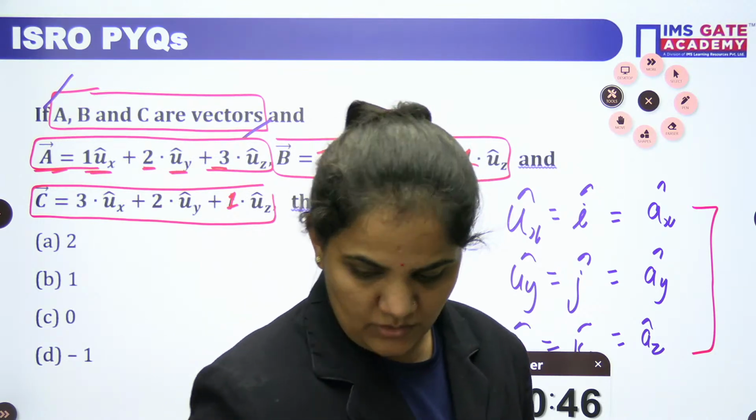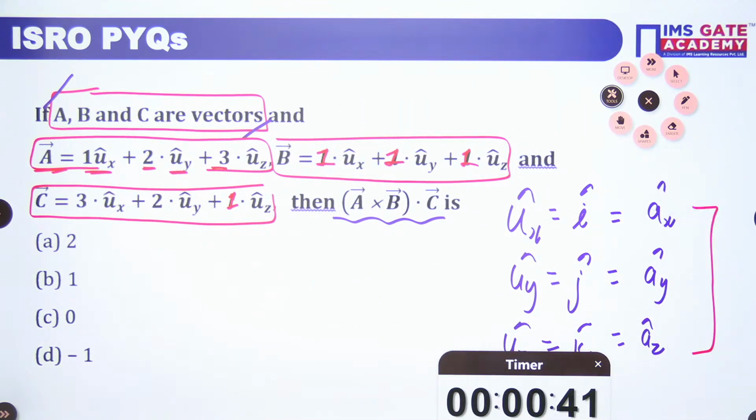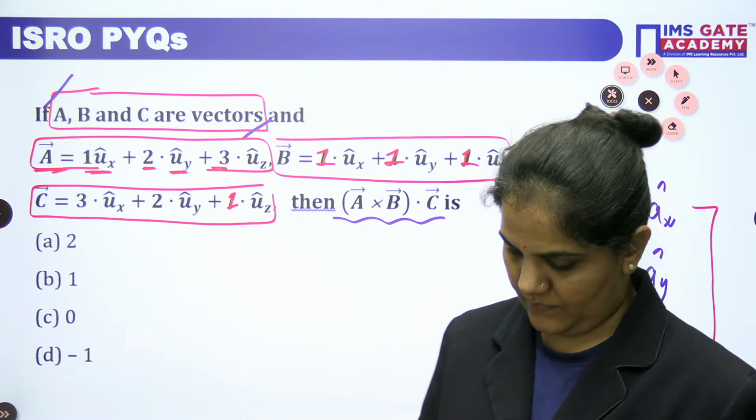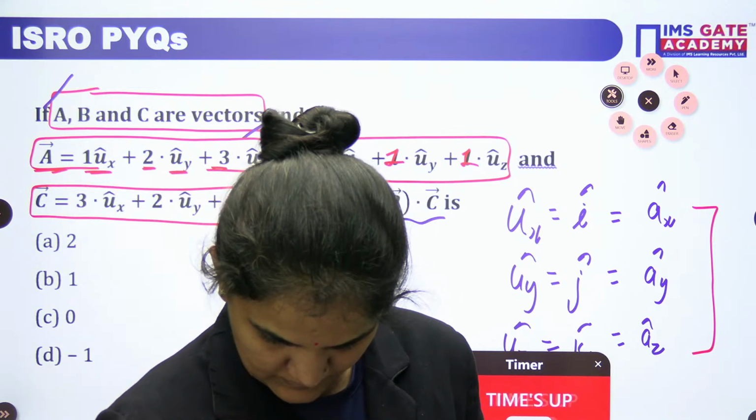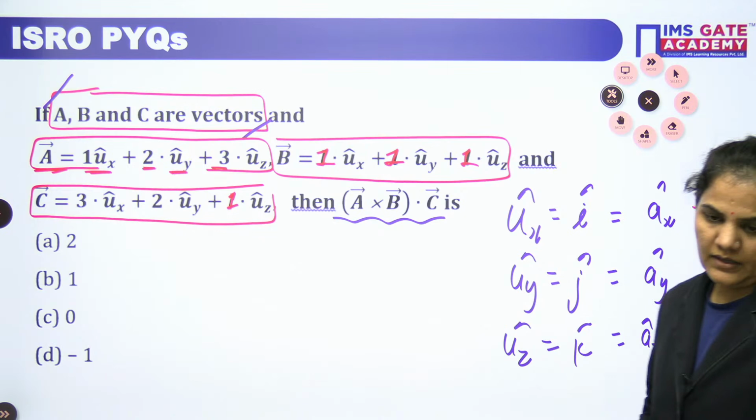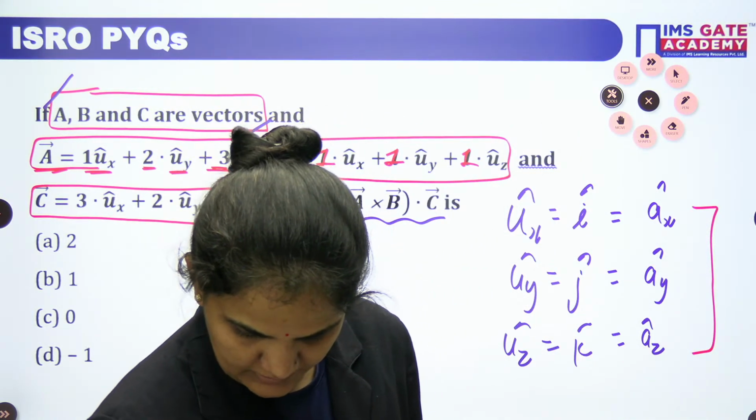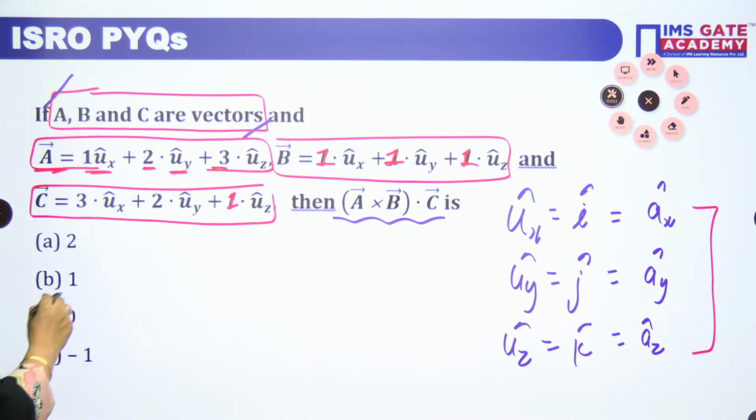So what is the result, dear students? Let's go for it. I can see I have A vector, B vector and C vector.